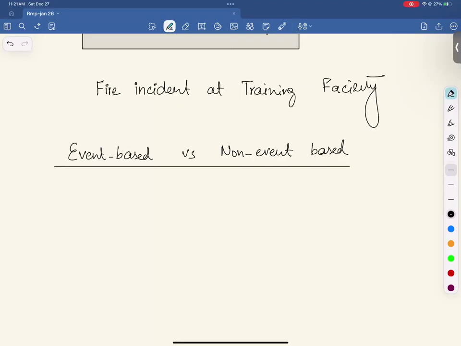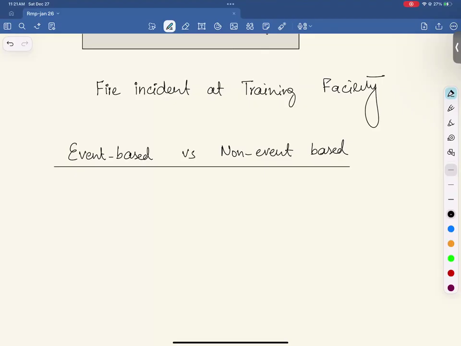And something else can happen which is not related to our event but indirectly may affect our event or our project, but not directly related to our event. See, let me explain the difference between event and non-event based.